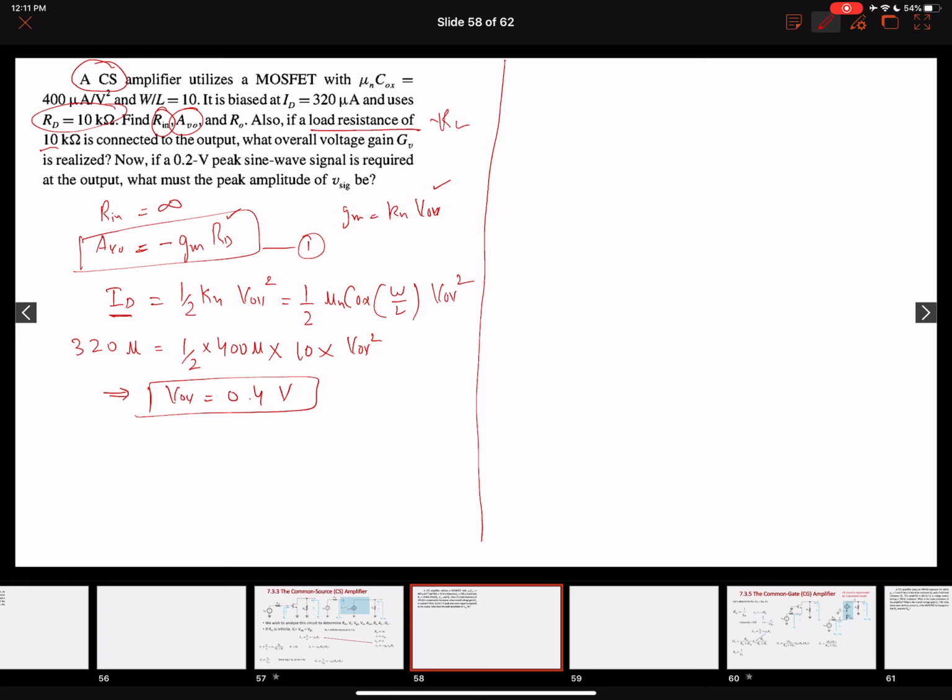Now the second thing that you need to do is to find out the value of the GM. GM was equal to KnVOV that we studied earlier. So what is the value of the Kn? Kn is 400 micro into W over L into VOV, which is 0.4.